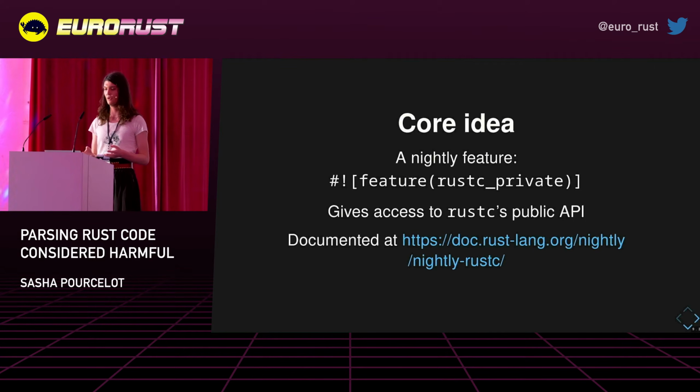Just add a nightly feature and you suddenly have access to everything, the whole public API of the compiler, which is easy. Just a custom feature to enable, and you suddenly have access to thousands of hours of engineering. This completely blew my mind.